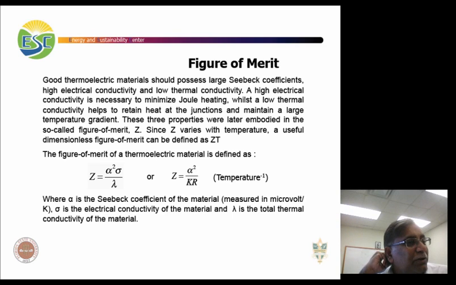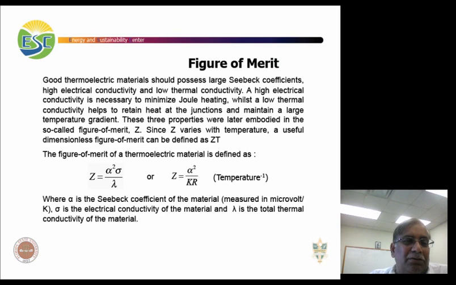Then we define what is called the figure of merit, and that figure of merit varies with the temperature. It is simply a function of material properties: alpha squared, where alpha is the Seebeck coefficient, and the electrical conductivity and the thermal conductivity of the material.